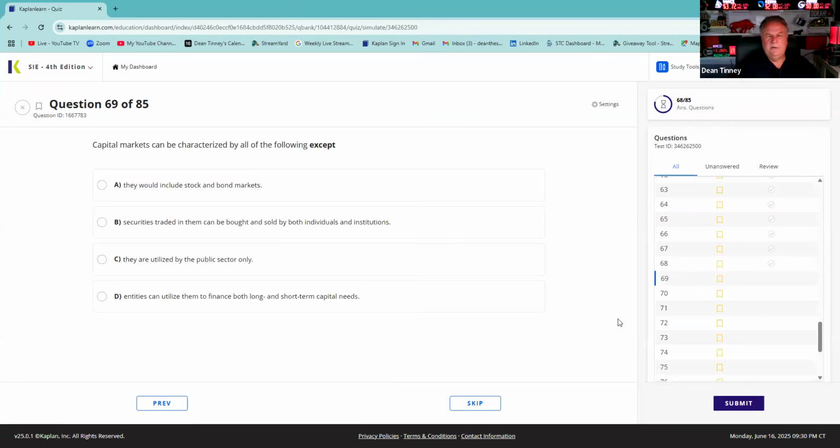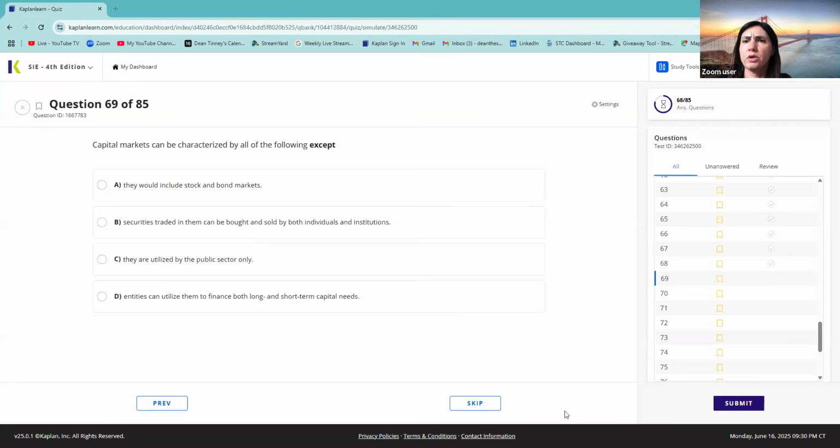Capital markets can be characterized by all the following except. They would include stock and bond markets. Securities traded in them can be bought and sold by both individuals and institutions.